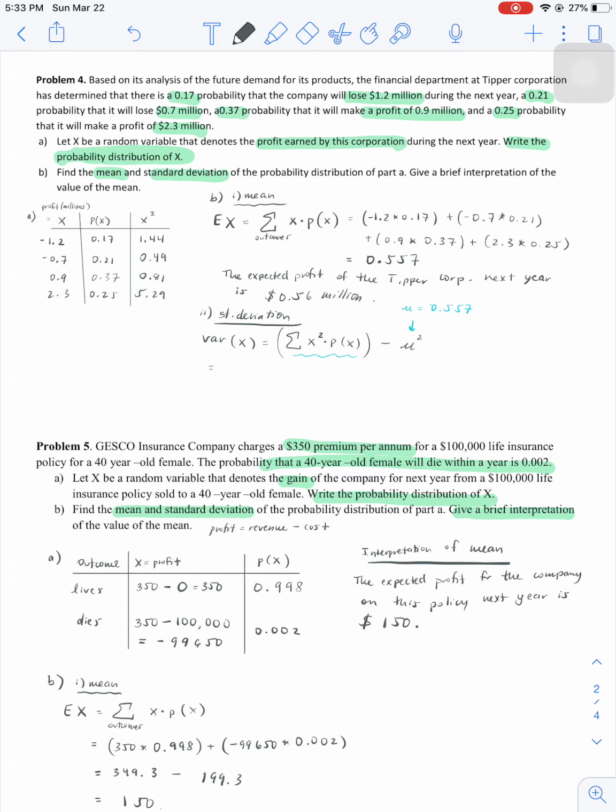So I get my sum, I expand that, and that becomes 1.44 times the corresponding probability plus 0.49 times the corresponding probability plus 0.81 times 0.37 plus 5.29 times 0.25 minus 0.557 squared.